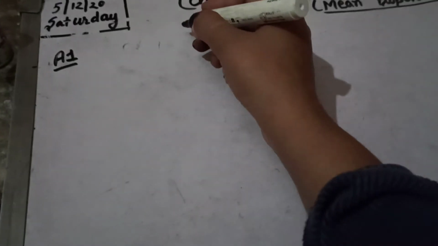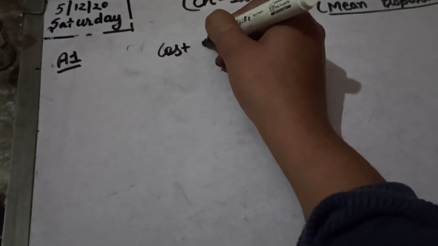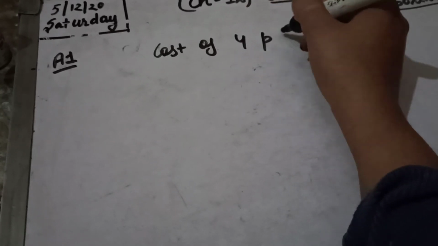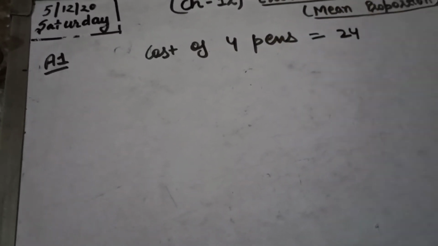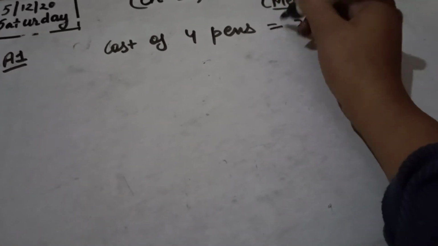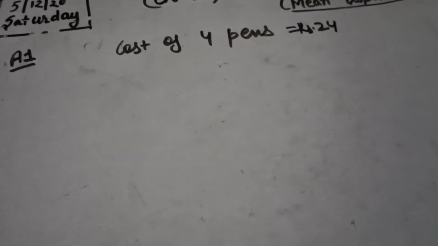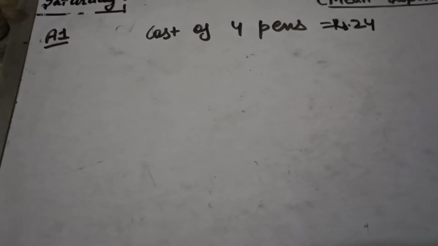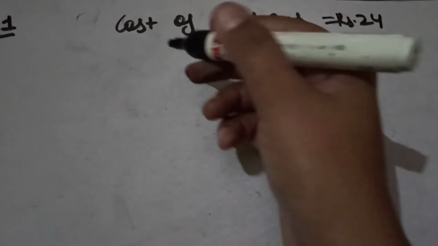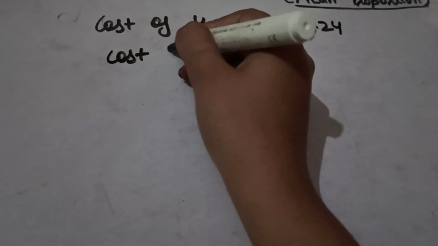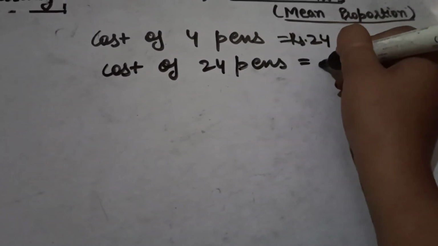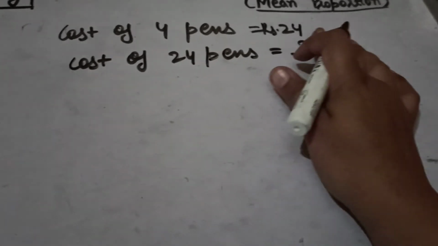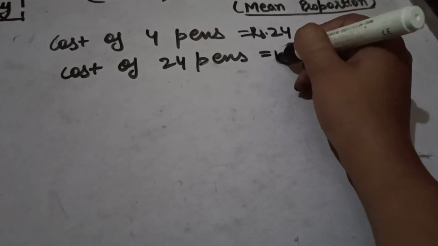Firstly we write what is given. Cost of 4 pens equals rupees 24. Find the cost of 24 pens, and we have to find the cost of 24 pens, right? So I will take it x rupees.